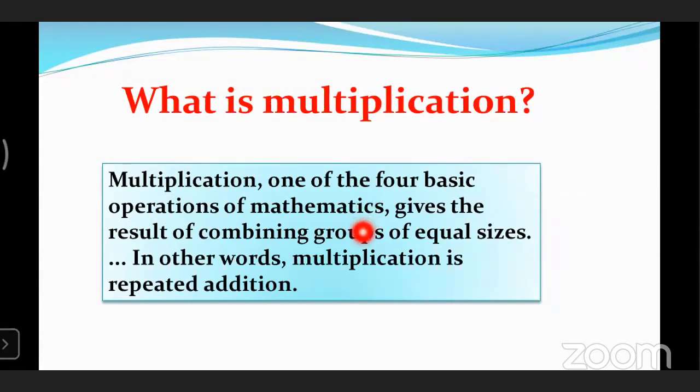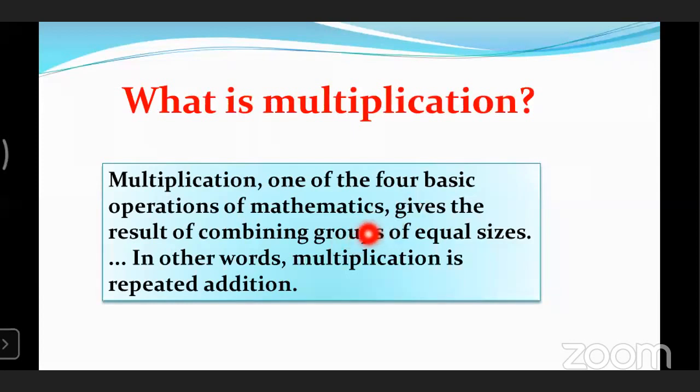Which are the 4 basic operations? Can you tell me? Yes, exactly. Addition, subtraction, multiplication and division. Very good, students. These are the 4 basic operations of mathematics.